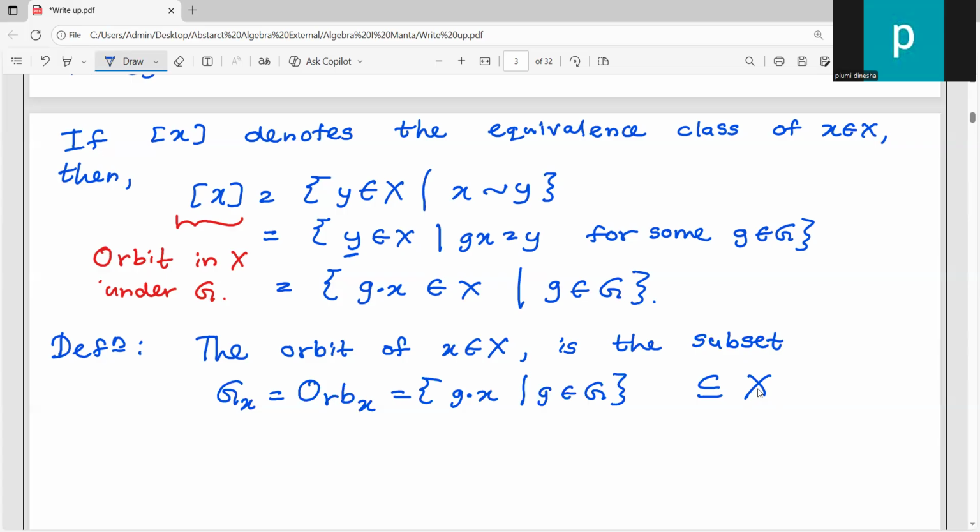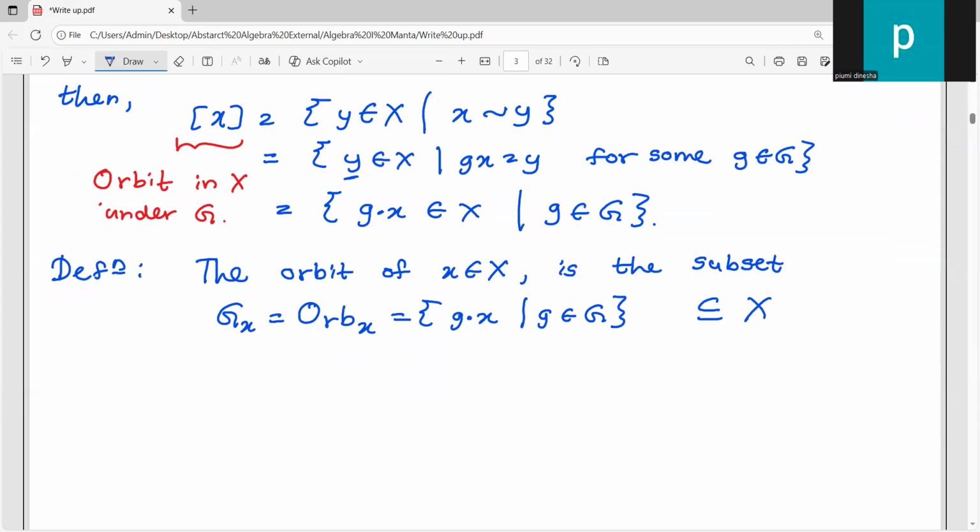This orbit is seen as an equivalence class under that equivalence relation tilde, which we defined earlier. Okay, so some properties, let me write.